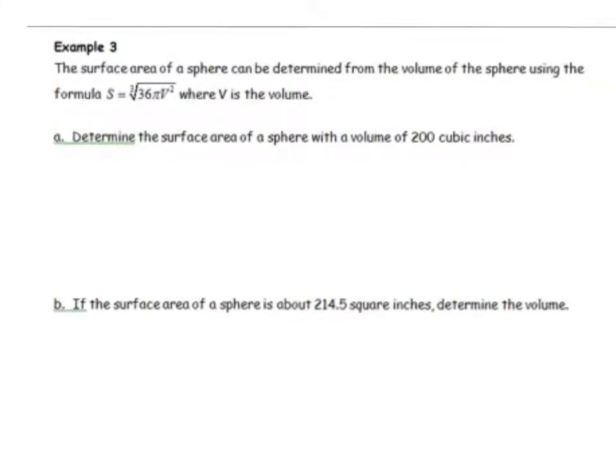So here we have a little story problem. The surface area of a sphere can be determined from the volume of a sphere using this formula. They've already worked out the formula where V is the volume and S is the surface area. It says determine the surface area of a sphere with a volume of 200 cubic inches. So you would take S equals the cube root of 36 pi times 200 squared.